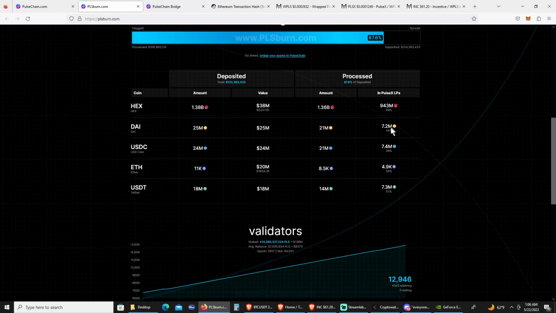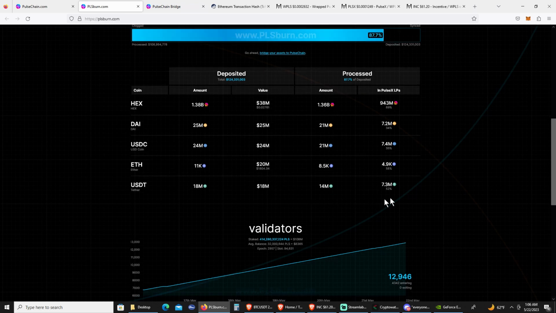USDC and DAI stablecoins are almost even, and then Ethereum is about 11,000. So that value is about $22 million, still less than DAI or USDC. So liquidity for USDC and DAI are going to be a lot higher than Ethereum and USDT.